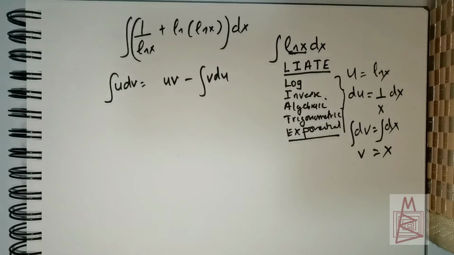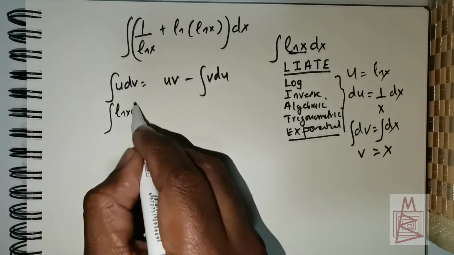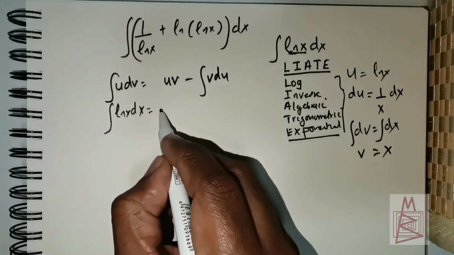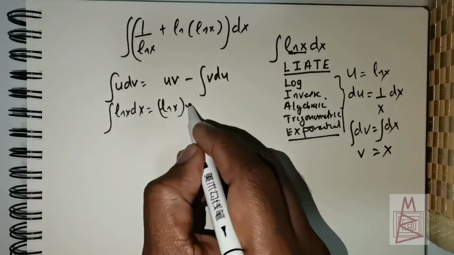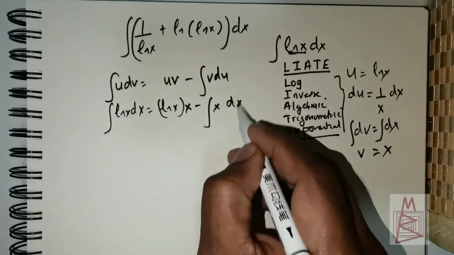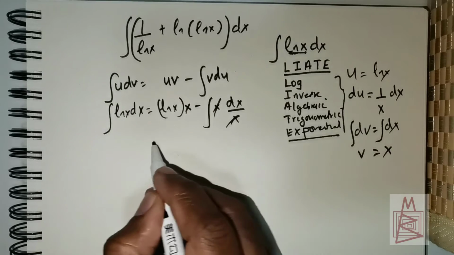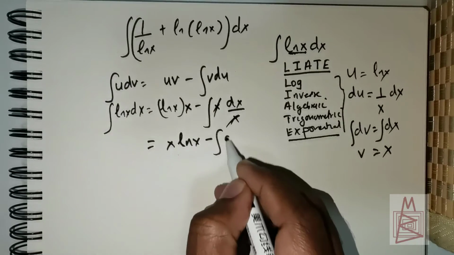This is the formula we would be using, where my u is ln x, my dv is dx, my v is x, and my du is dx over x. So we can cancel and we get x times ln x minus integral dx.